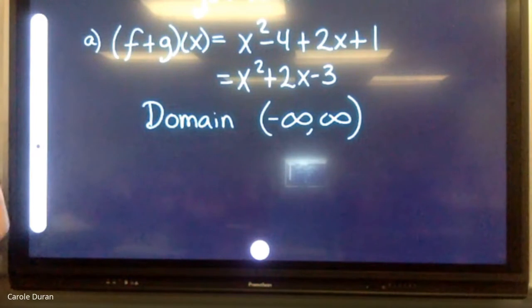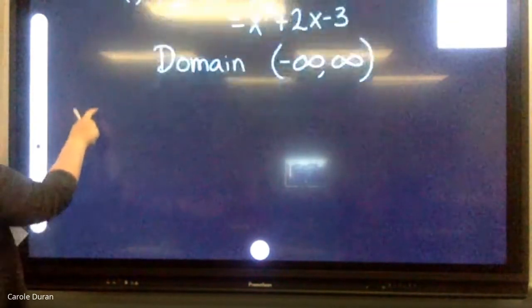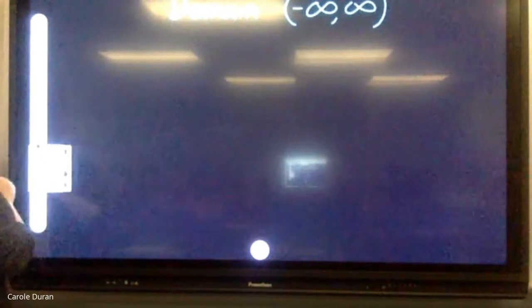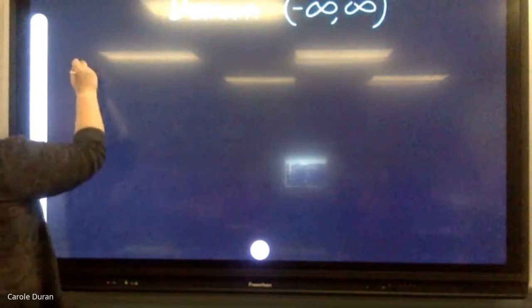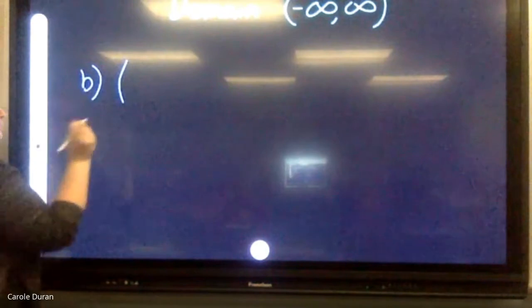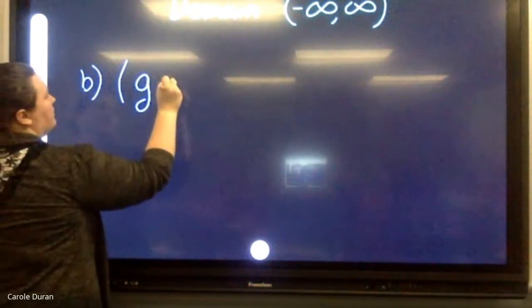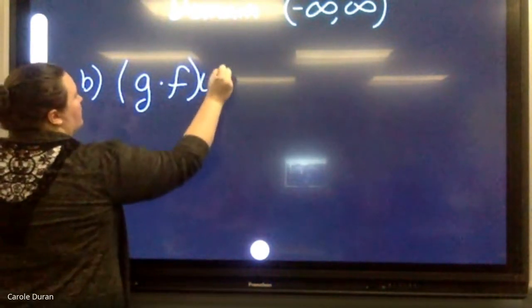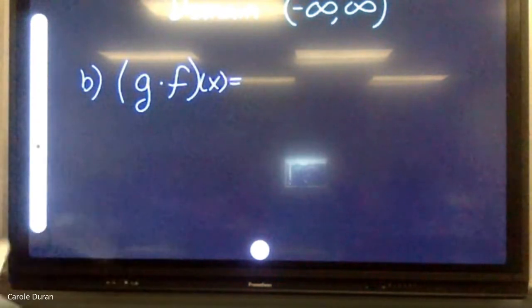Okay, so we did some addition. Now let's move on to another operational example. For this one, I would like to do g times f of x.